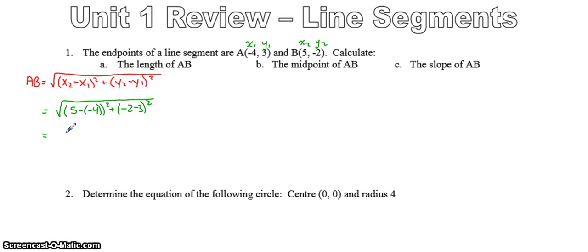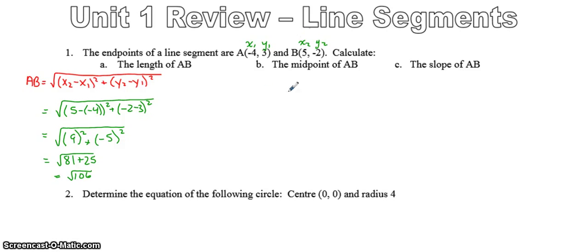So 5 subtract -4 is 9. -2 minus 3 is -5. 9 squared is 81. 5 squared is 25. And 81 plus 25 is 106. Now you can either leave it as the square root of 106 or you can work that out in your calculator.